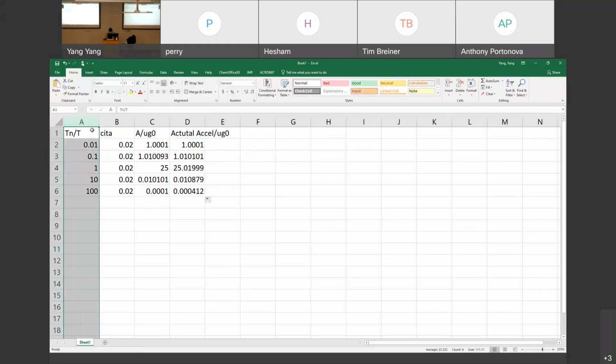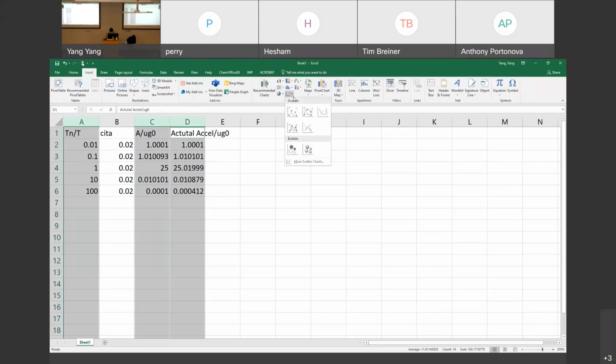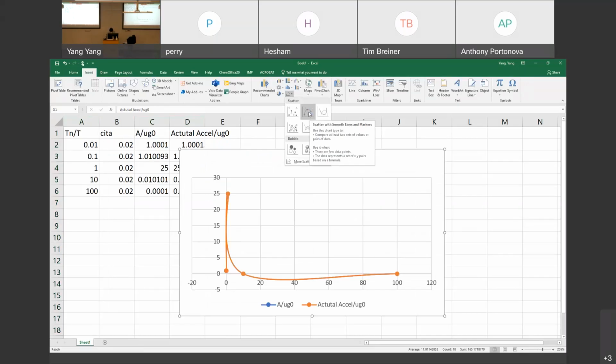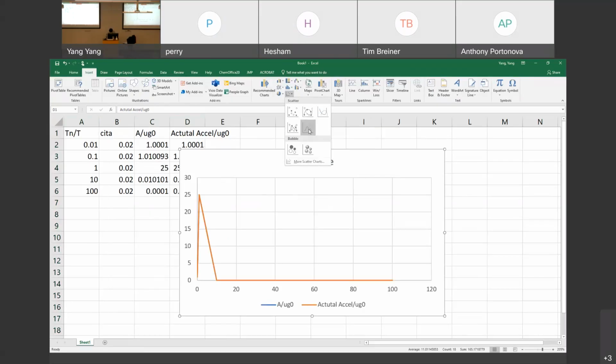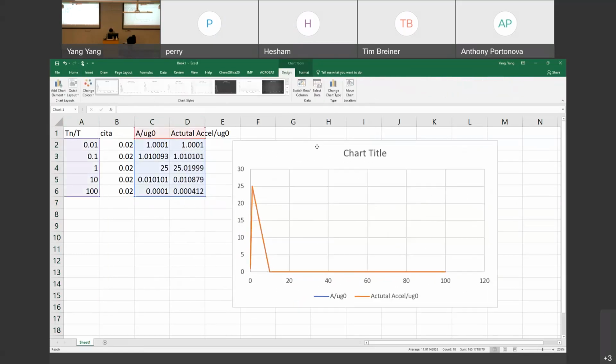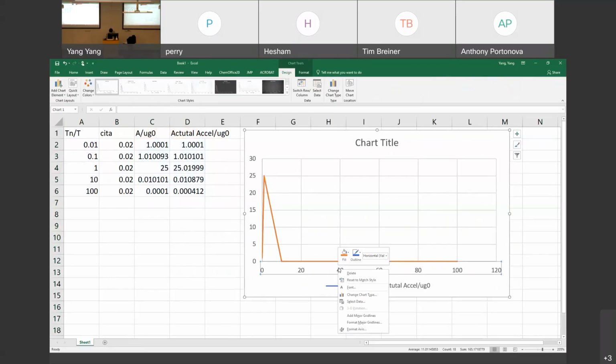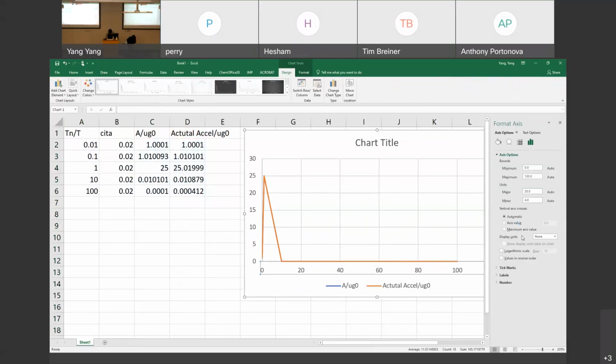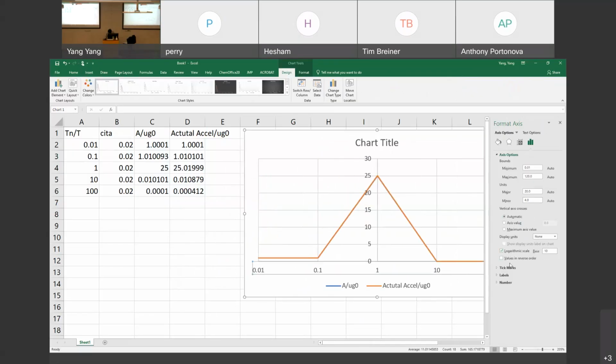So we plot, and we would like to use the axis with a different scale. For example, we can also have the y-axis.